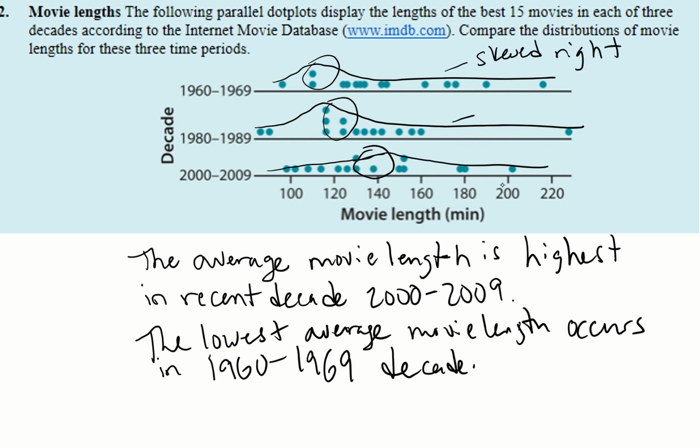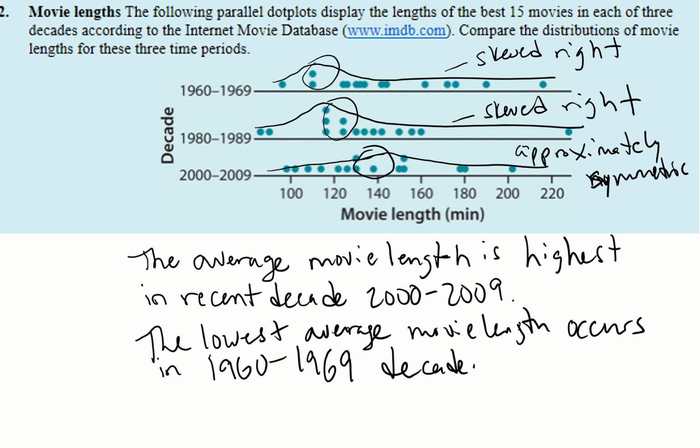This one also looks skewed right. And the bottom one looks approximately normal. So I'm gonna go out on a limb and say it's approximately normal, approximately symmetric. It's not exactly symmetric, but it's approximately so, especially more so than the other distributions.